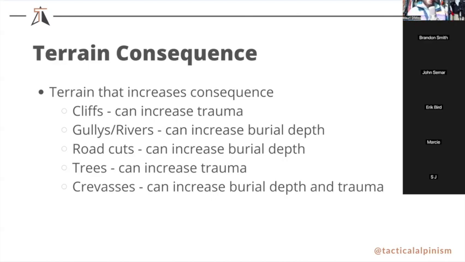It takes a lot of time to move even 1 meter of snow to get to a person that's underneath. So, terrain consequence needs to be at the forefront of your mind when selecting terrain. Is there a gully or a river below you that you could be swept into when you're skiing or riding? Are there trees that you'll take a slide for life into? Those increase your consequence.